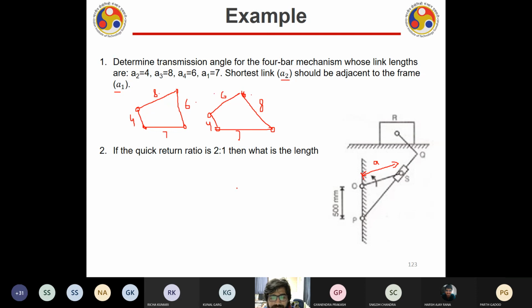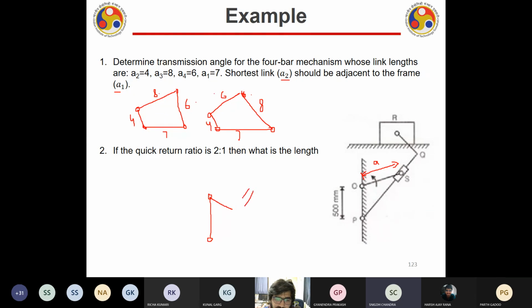How did you calculate? Keeping it at the dead end, the angle OSP will be forming 90 degrees, right? Yes.